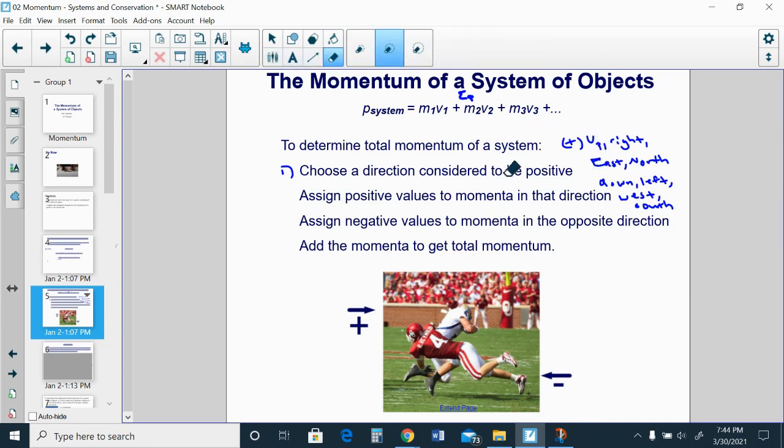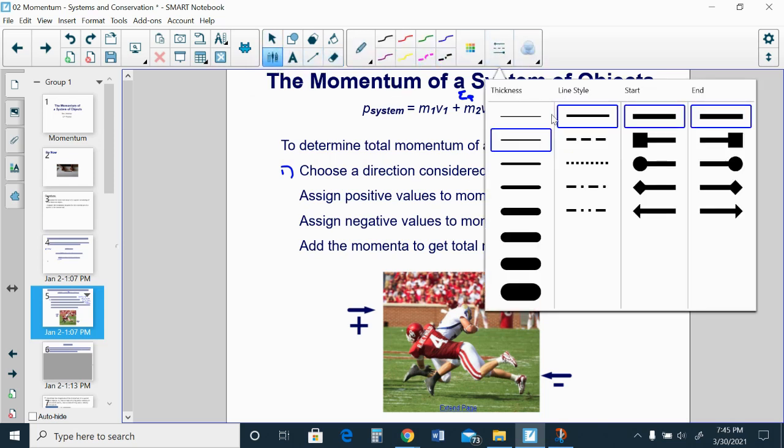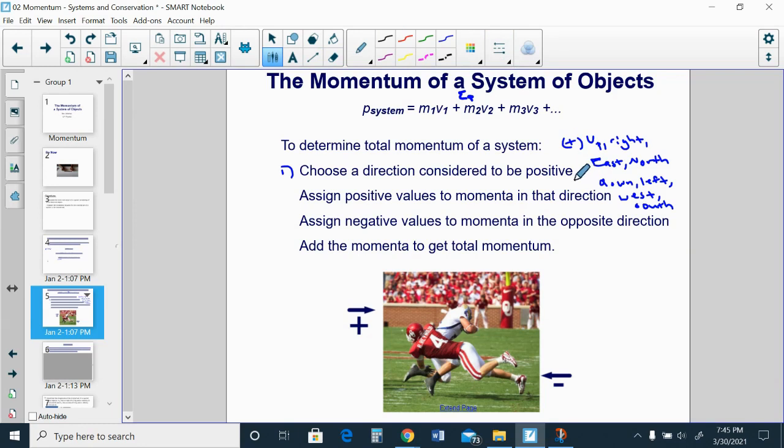So just make sure that when you are deciding what the signs are, that you are assigning them correctly. So choose a direction considered to be positive. You would assign positive values to all the momenta in that direction. So the momentum for each individual object, which ones are positive.